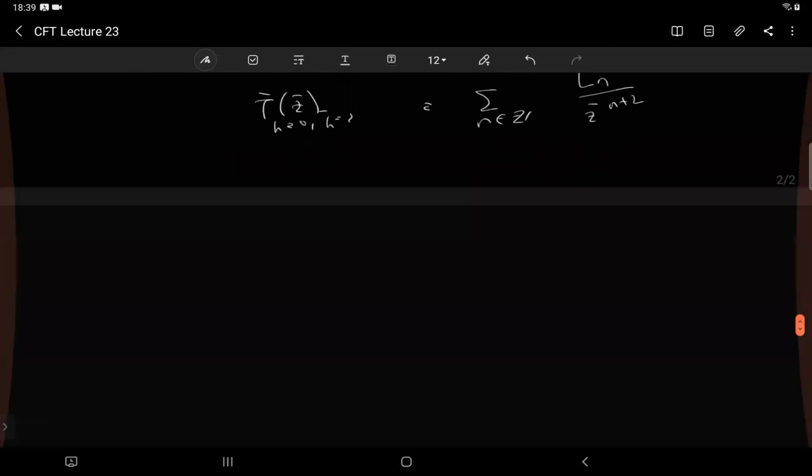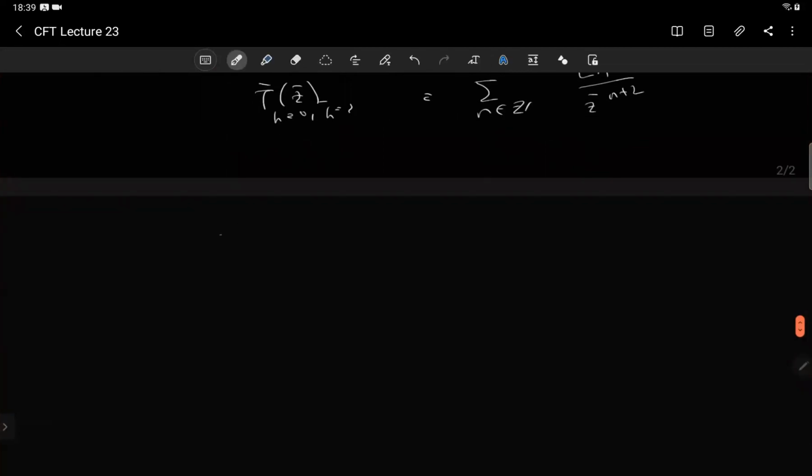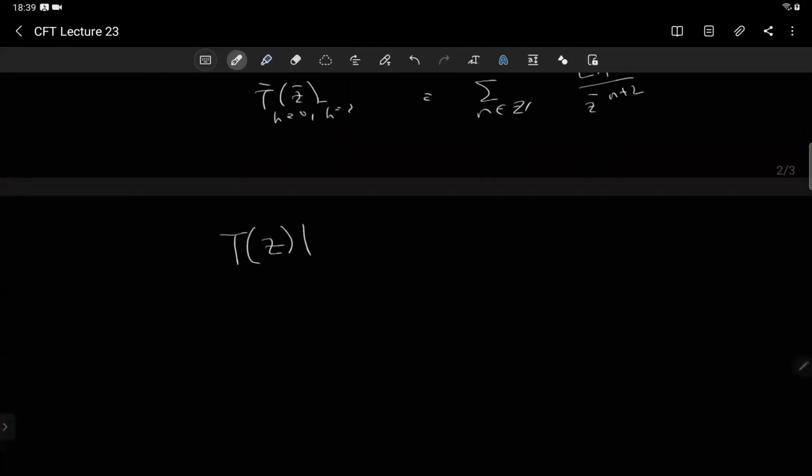And then we also said that we know that in a CFT, T(z) acting on the ground state should be 0.